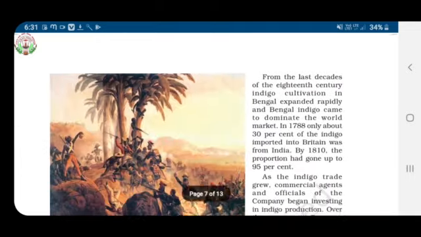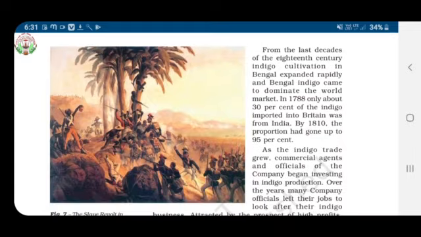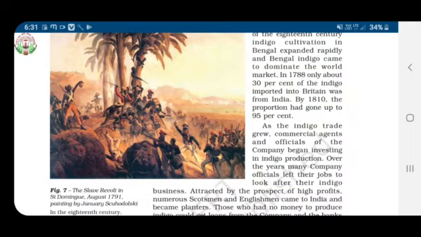From the last decades of the 18th century, indigo cultivation in Bengal expanded rapidly and Bengal indigo came to dominate the world market. In 1788, only about 30% of the indigo imported into Britain was from India, but by 1810 the proportion had gone up to 95%.